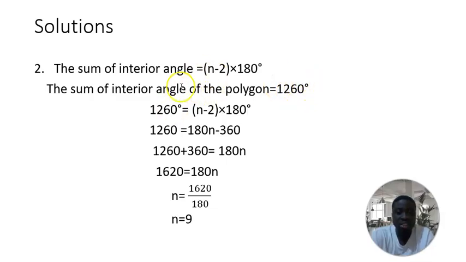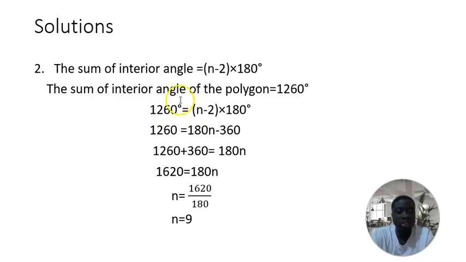So equate, since they are saying that the sum of the interior angles of that polygon is 1260 degrees. There was some particular n which was used, and that's what they want you to find. So if they have given the sum of interior angles to be 1260, then you equate that to the sum of interior angles formula, then calculate n, which is the number of sides.